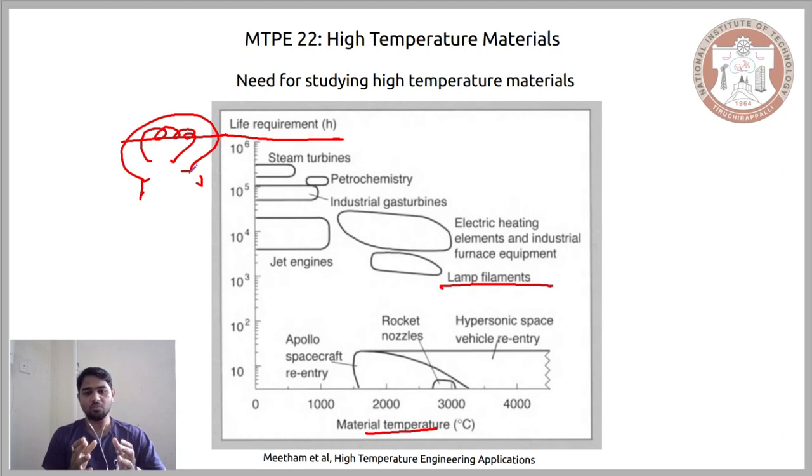And that is the reason one would often relate the analysis of high temperature materials with the life requirements or the life expectancy of it. Now, this plot gives us an idea of the lifespans of particular components in hours.